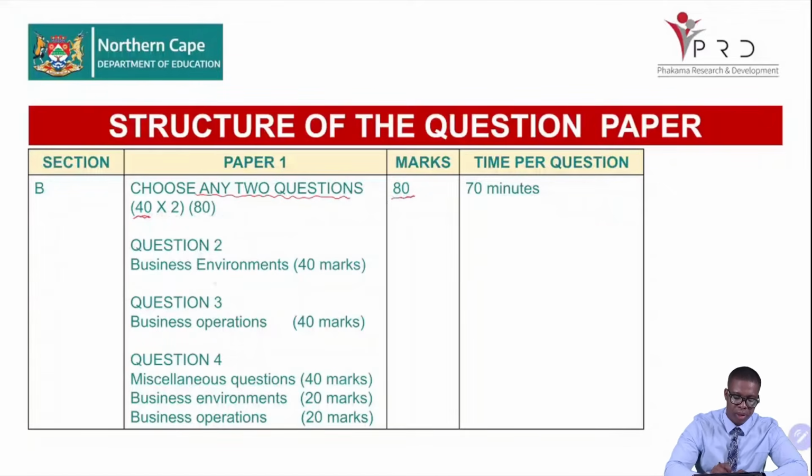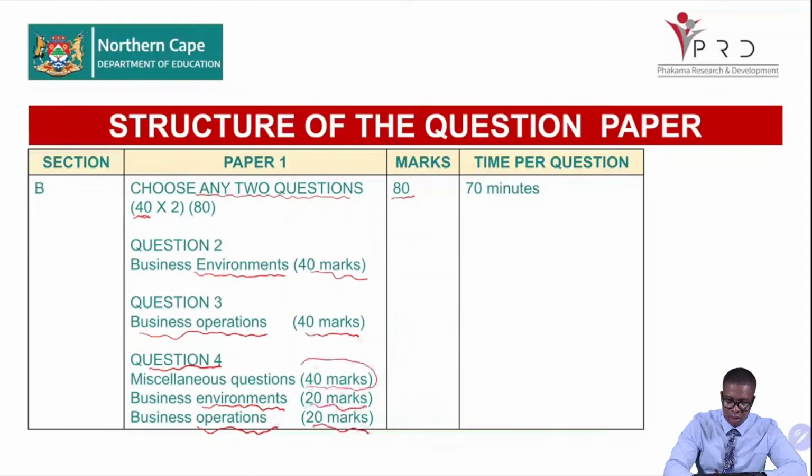Question 2 will assess business environment subtopics, whereas question 3 will assess business operations subtopics, and they will be allocated 40 marks, 40 marks. And then you also have question 4, which assesses what? Both the business environment and the business operations, and wherein they are allocated 20 marks to make question 4 to have 40 marks.